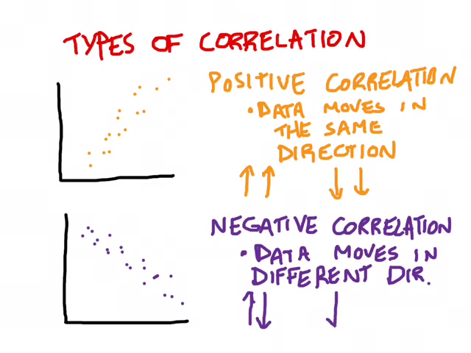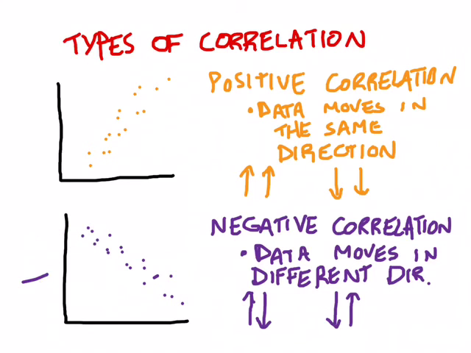One might be going down while the other goes up. And this graph here shows us a negative correlation. When our data is high above the x-axis, it's really close to the y-axis. And when it's really far away from the y-axis, it is really close to the x-axis.